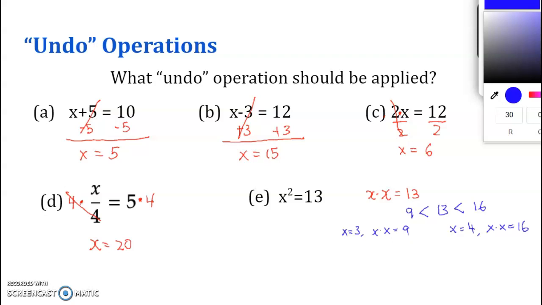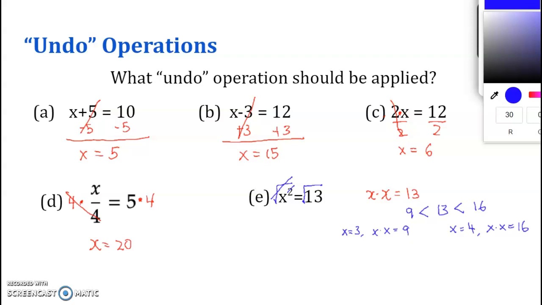The opposite of squaring is square rooting, and you have seen this square root symbol. When I square and then square root, they actually cancel each other out and they both disappear.